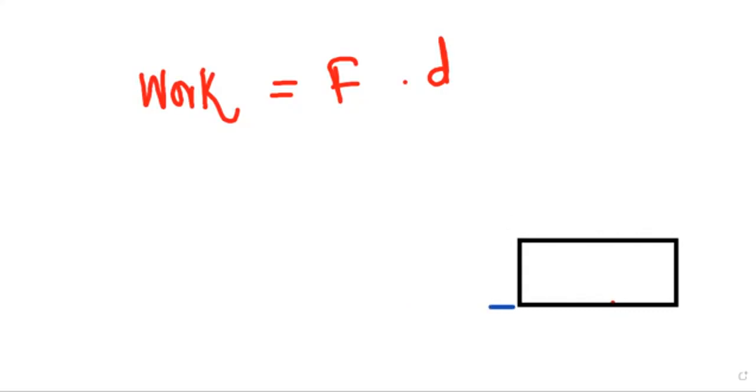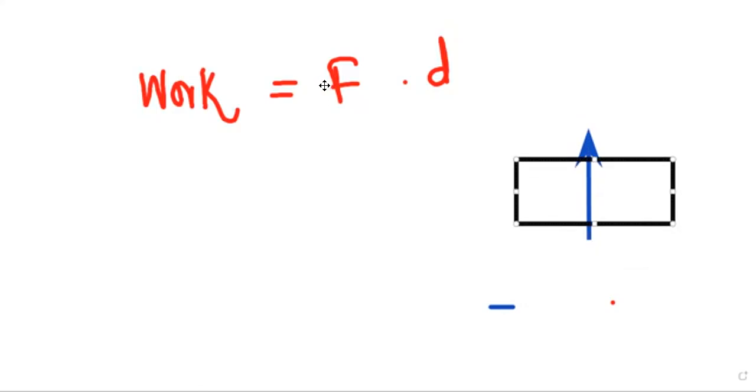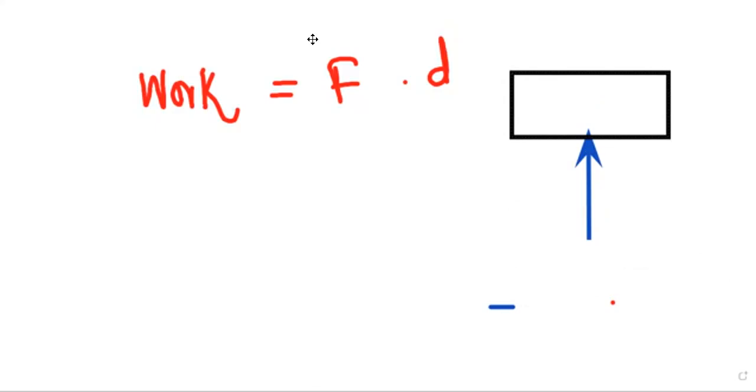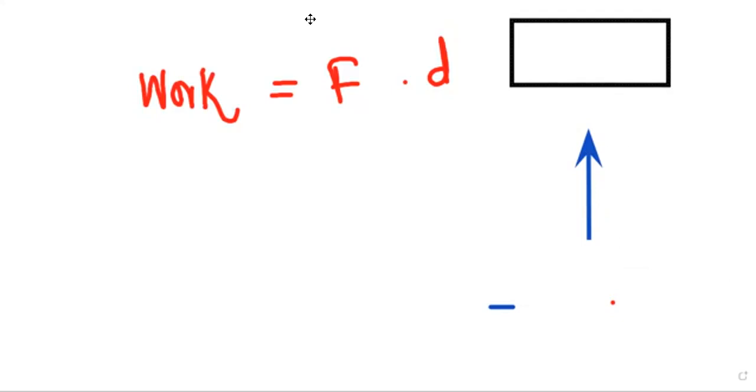Suppose some force is applied on it in upward direction to move it from one point to another point, and the object is moved away from the earth surface like this, going in upward direction. And now suppose the object is somewhere here and the force is kind of here.